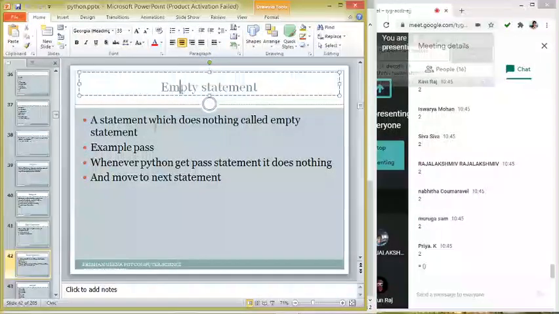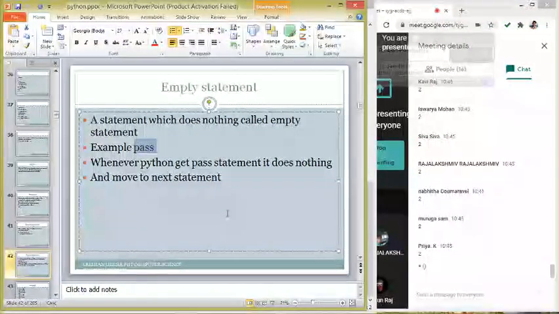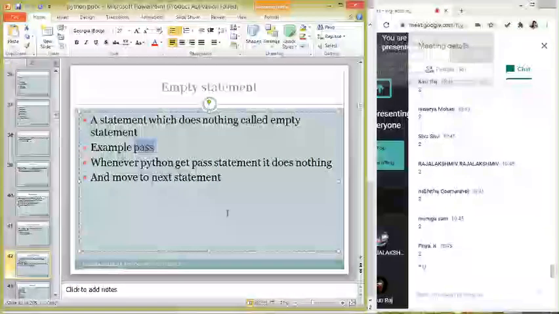A statement which does nothing is called an empty statement. For example, pass. In Python programming, this is the only keyword which denotes the empty statement.